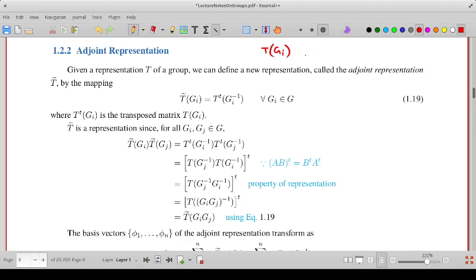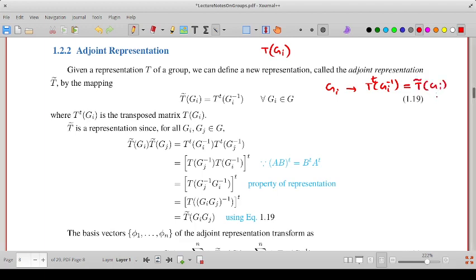Now consider for a group element Gi its inverse, and the representation matrix for its inverse, T of Gi inverse, and then take its transpose. We denote the transpose of a matrix by putting T as a superscript, and call this matrix T tilde of Gi.